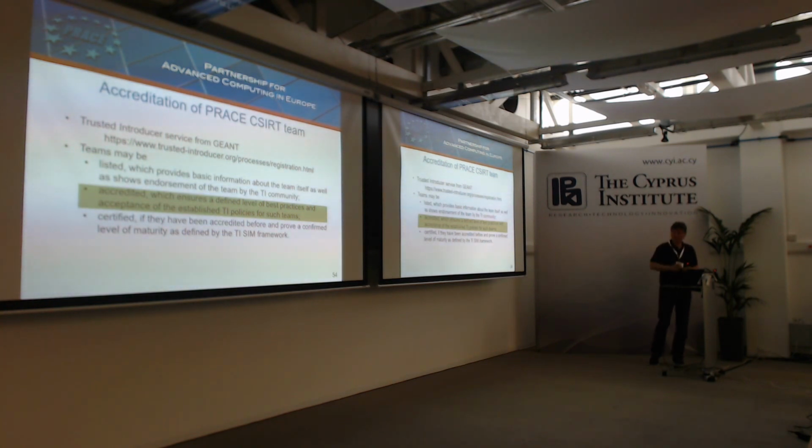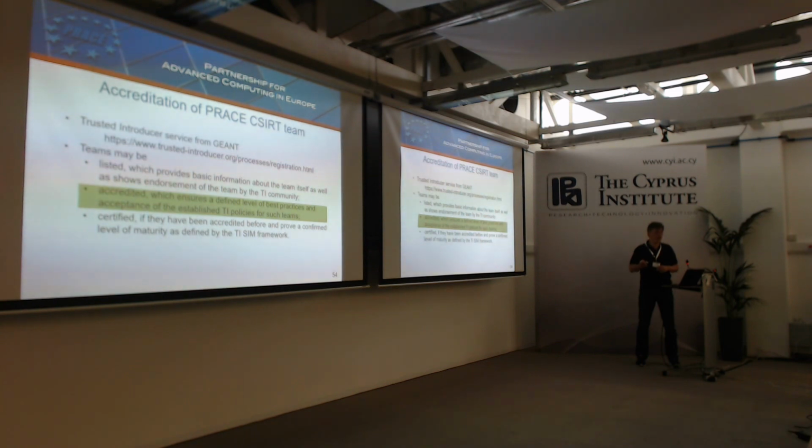You can be accredited, which ensures a defined level of best practices and acceptance of the established TI policies for such teams. And you can be certified if you have been accredited before and prove a confirmed level of maturity as defined by the TI framework. We want to be accredited.